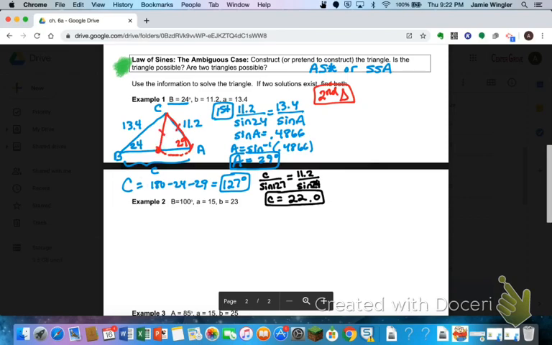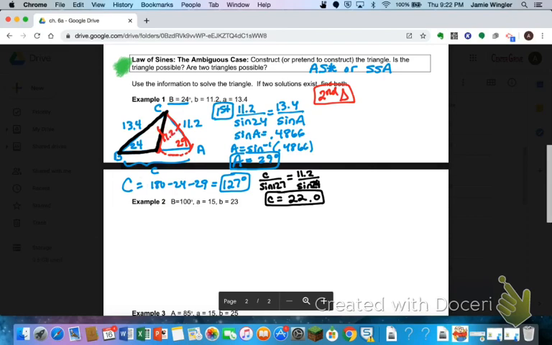That isosceles triangle is not my new triangle. My new triangle is the one that has the given side, the given angle, and the given side, because if this is isosceles, this side is also 11.2.